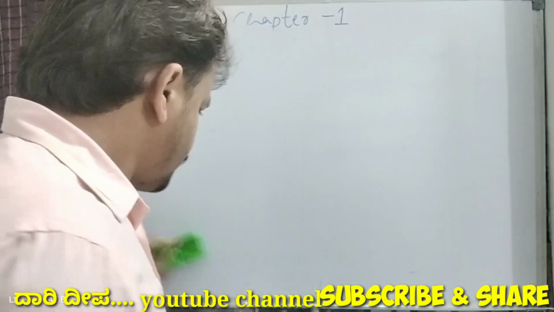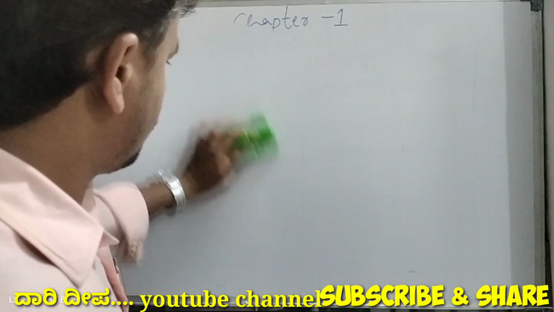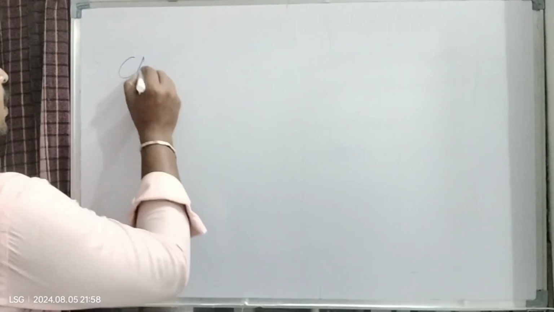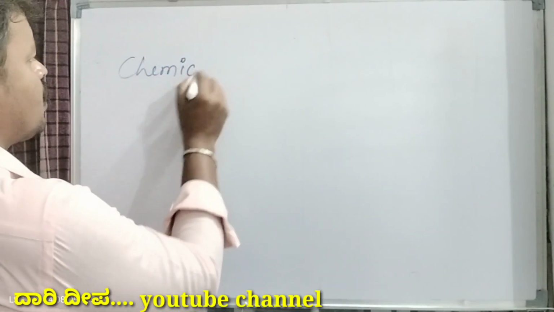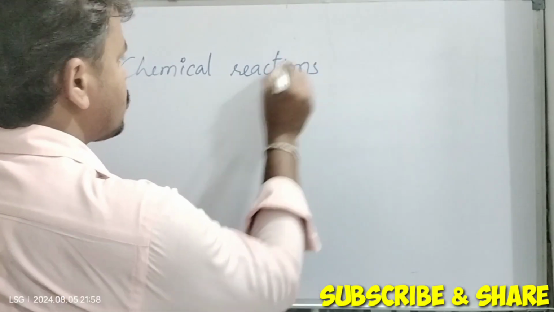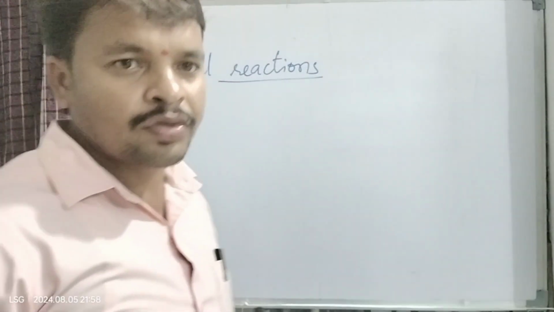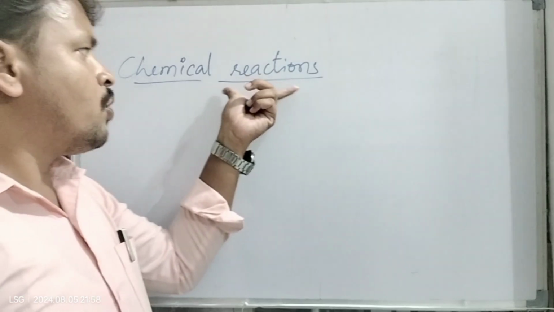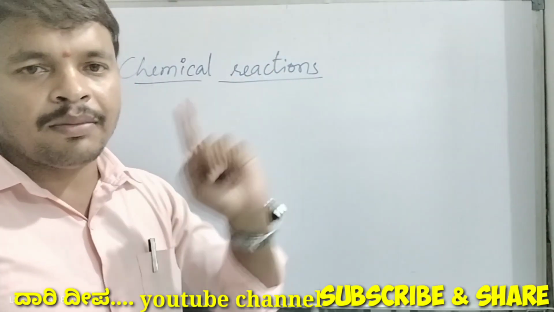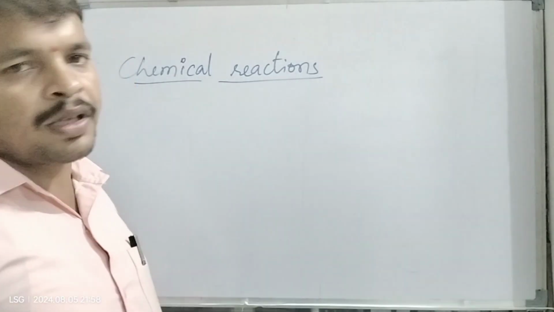When we are studying about the chemical reactions, we must know about the chemical change, so that we have revised now. What is meant by chemical reaction? This can be seen during chemical change. What is meant by chemical reaction?